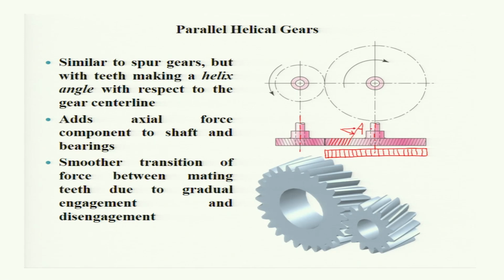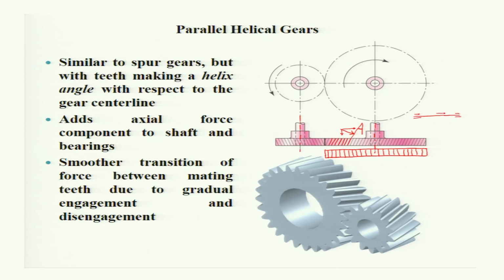One is acting towards the center, which is called the radial component, and another will be axial, which is acting in the axial direction. Okay. Some other component will also be there, that will be the transmitted load. So, in the helical gear, an axial component is also coming into picture, and so this gear will apply thrust load on the shaft, and so one of the bearings, you see, if it is the shaft, these are the bearings on which the shaft is supported.